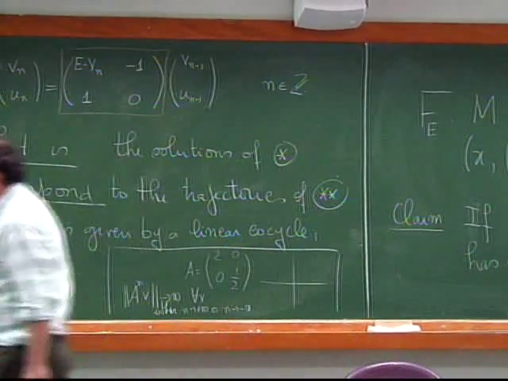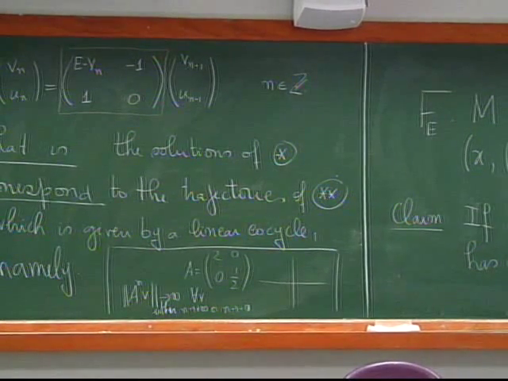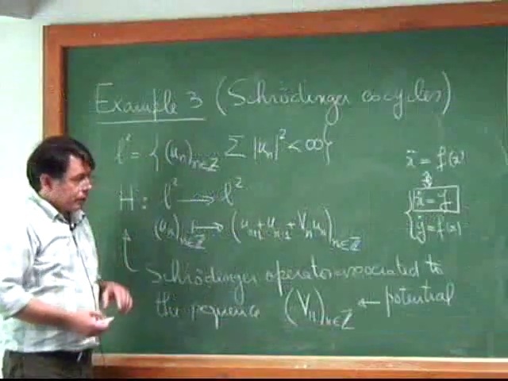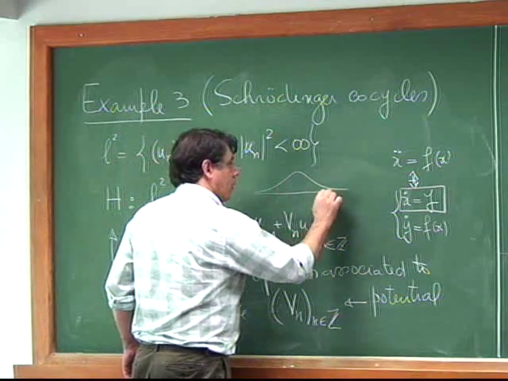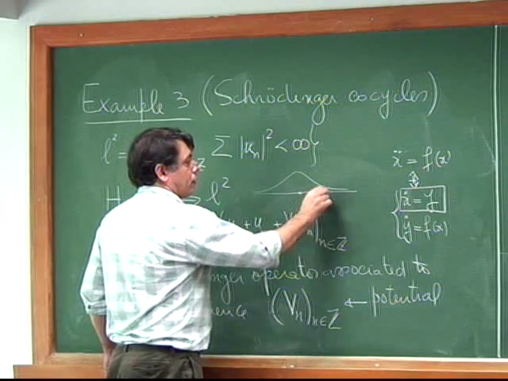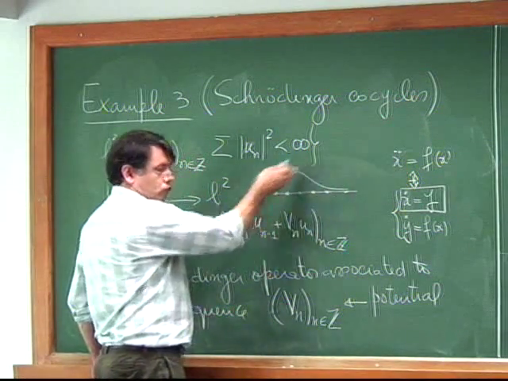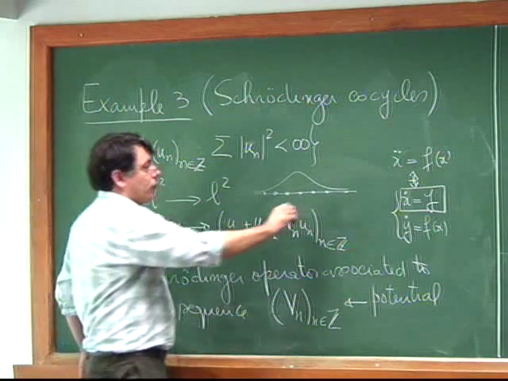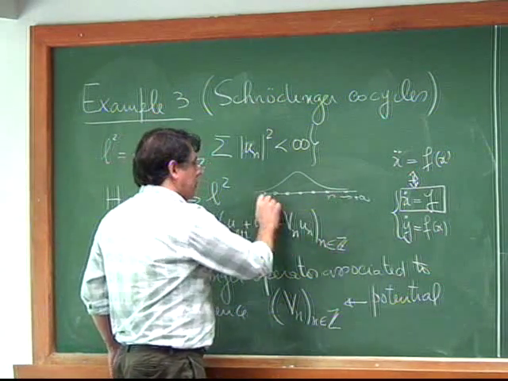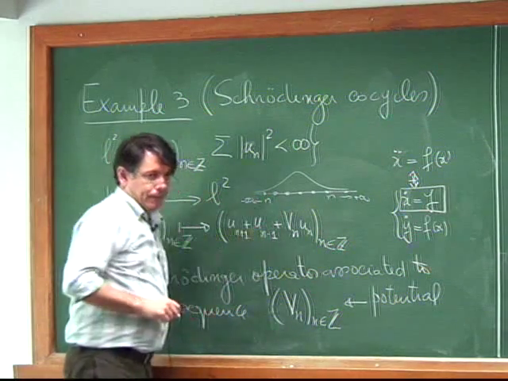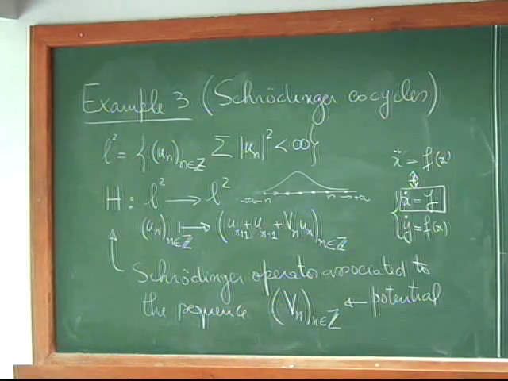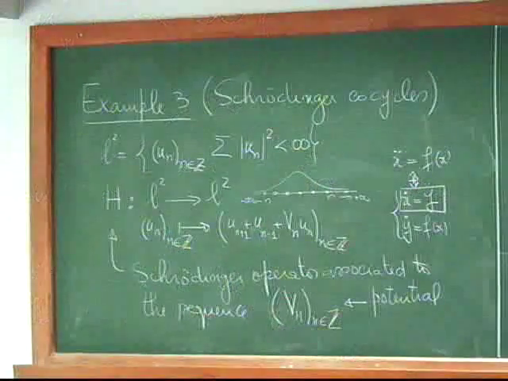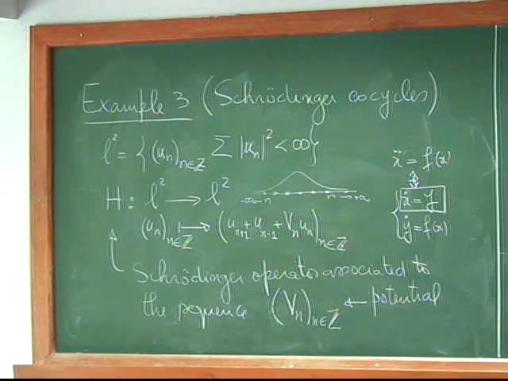I've chosen as the domain L2, which means that I'm looking for solutions that go to 0 with a certain rate as n goes to plus infinity or minus infinity. Okay? So this really has to do with knowing when the one-dimensional stationary discrete Schrödinger equation has a solution of that type.